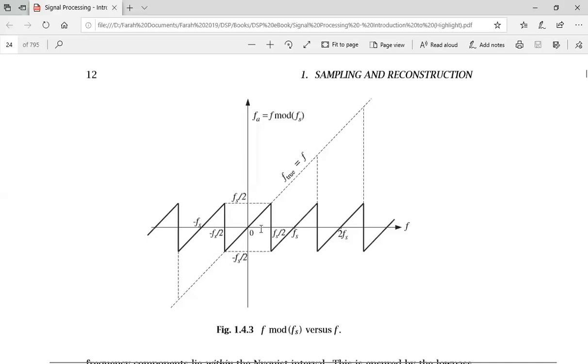Therefore, the reconstructed signal is 4 hertz, because your input signal is 4 hertz, and for this, a sampling frequency of 10 hertz is sufficient. It meets the Nyquist criteria. It means the reconstructed signal would also be 4 hertz. In this way, there would be no aliasing. Whatever signal is applied, the same has been reconstructed.